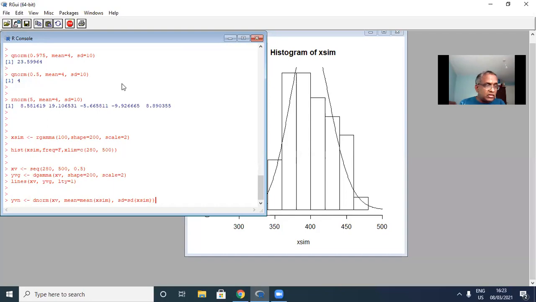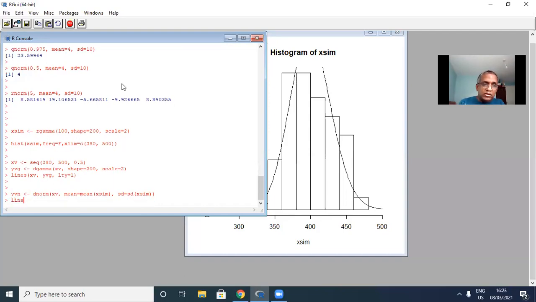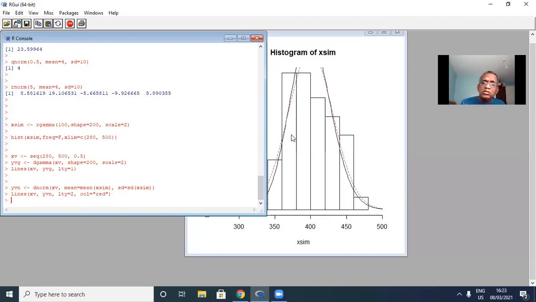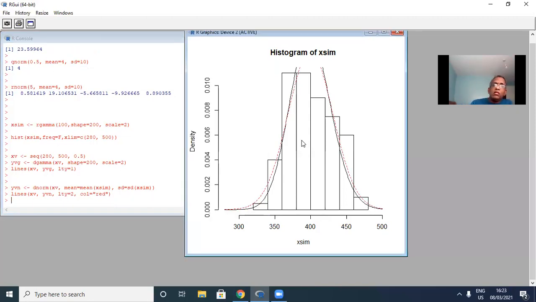of the simulated data. Now, if I use the lines command one more time, with line type equal to 2, and let's also change the color to, say, red, this is what you get. You see now you have two lines.